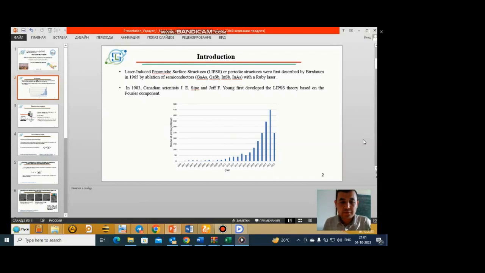Very authoritative journals are located. See figure. Here is the number of articles created in the period from 2000 to August 2023. This work investigates the effect of laser plasma parameters on the formation of nanostructure on the surface of metals.